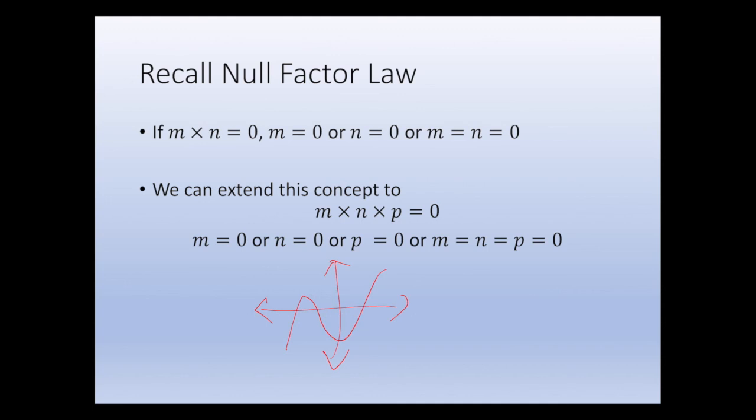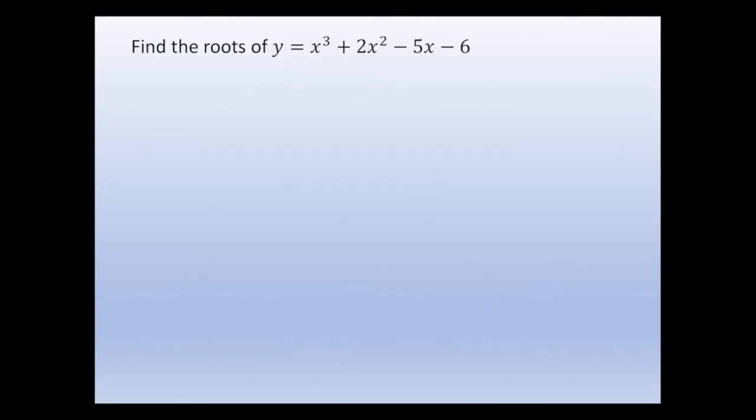So if we factorize a cubic, what we get is the 3 roots. Or if it has a perfect square, it's going to be 2 roots. Or sometimes when you factorize it, you could have only 1 root. Alright? So this is useful about the null factor law.